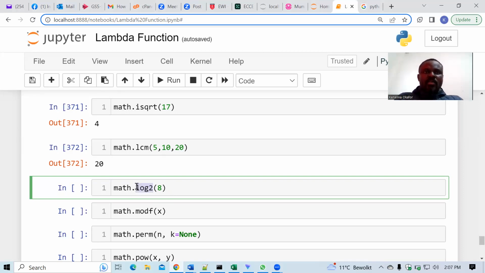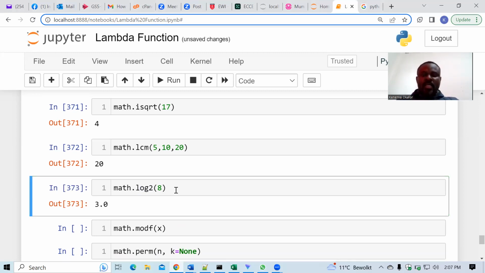The base of 2 raised to the power of what? 3. So it's the exponent, the power that this log 2 returns, right? And in this case, I see that it is 3. Let's see, guys. So that's it.